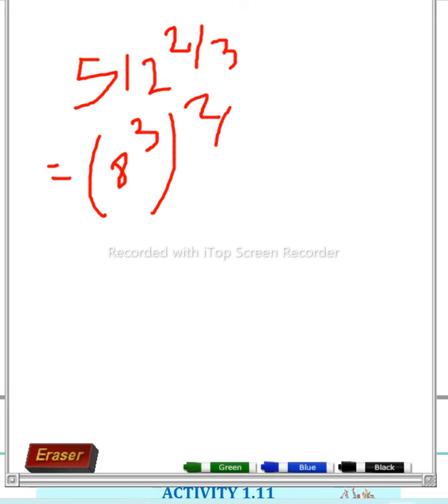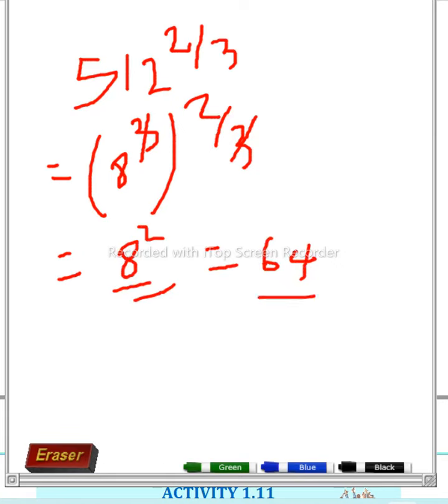When we multiply 3 times 2 over 3, which is 6 over 3, we get 2, so 3 cancelled by 3. 8 to the power of 2 will be the final answer, which is 64. This is our final answer.